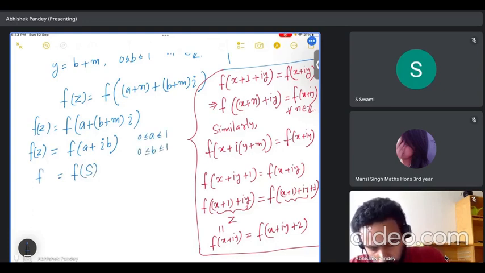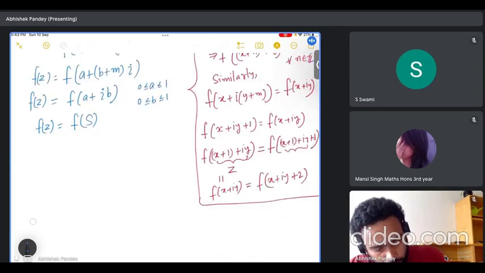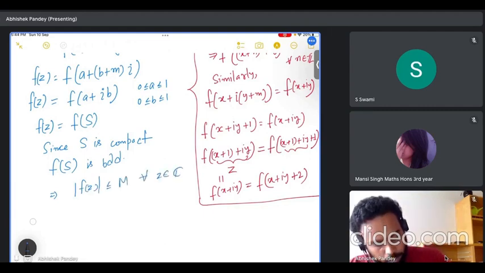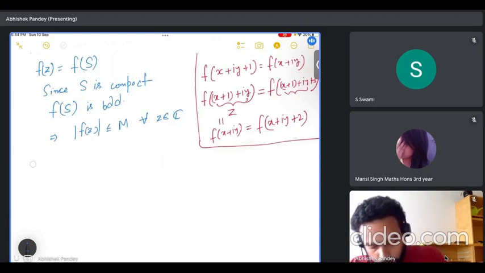Since S is compact, f of S is bounded. So this implies modulus of f of z is less than or equal to M for every z belongs to C. So f is entire and bounded, which implies f is constant.